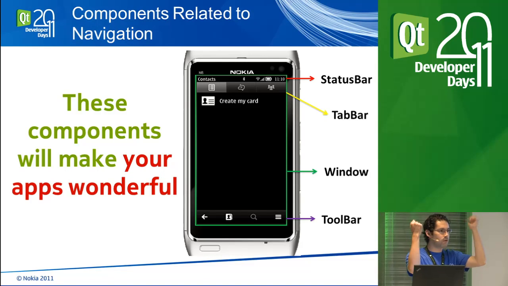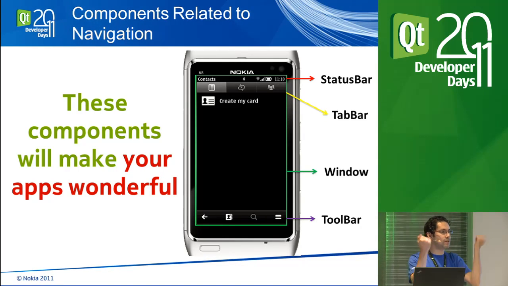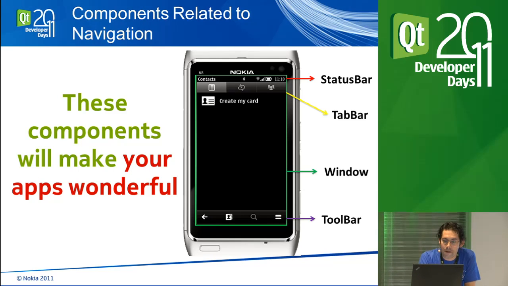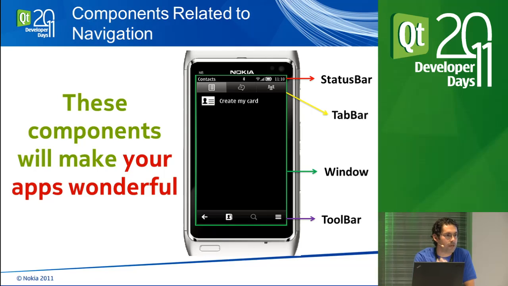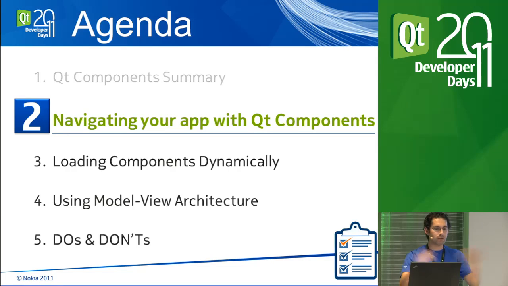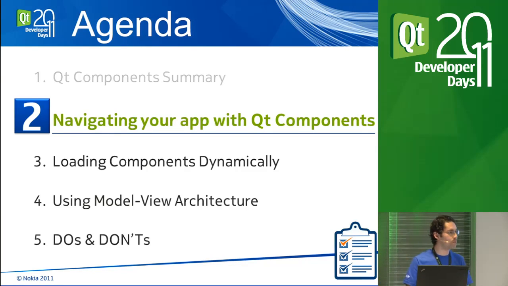People don't use watches anymore. So they want to see the hour there, or some status information. We also have elements like the tab bar, which displays some specific elements, like the toolbar or whatever we put in the middle. So that was the quick summary about what Qt components are.